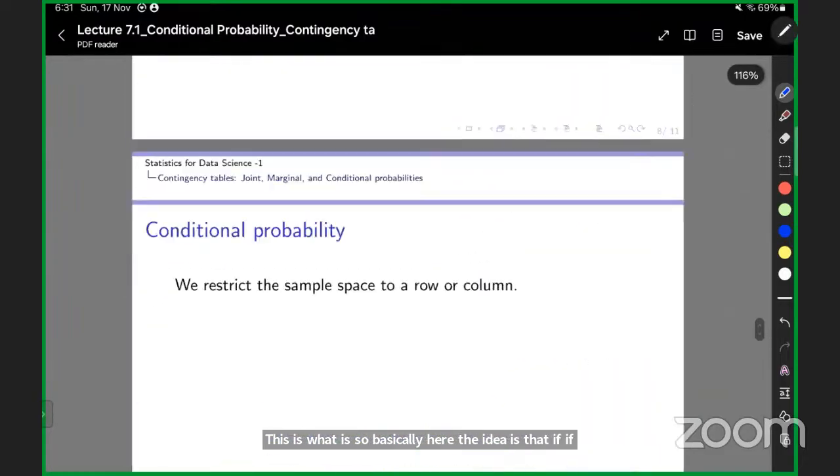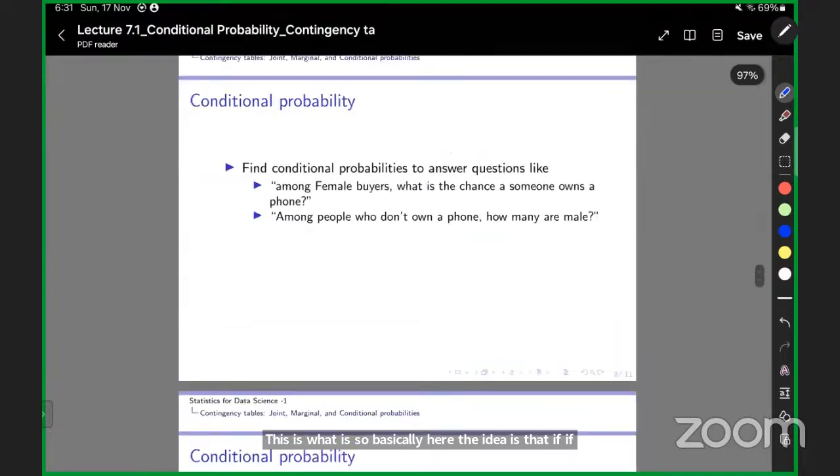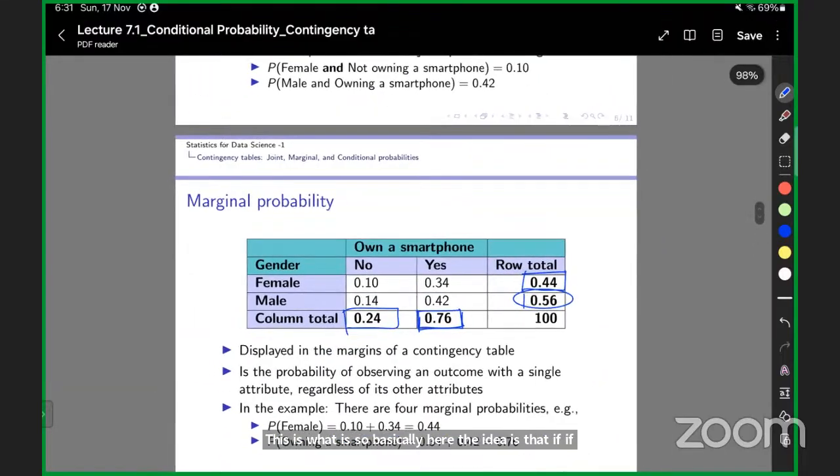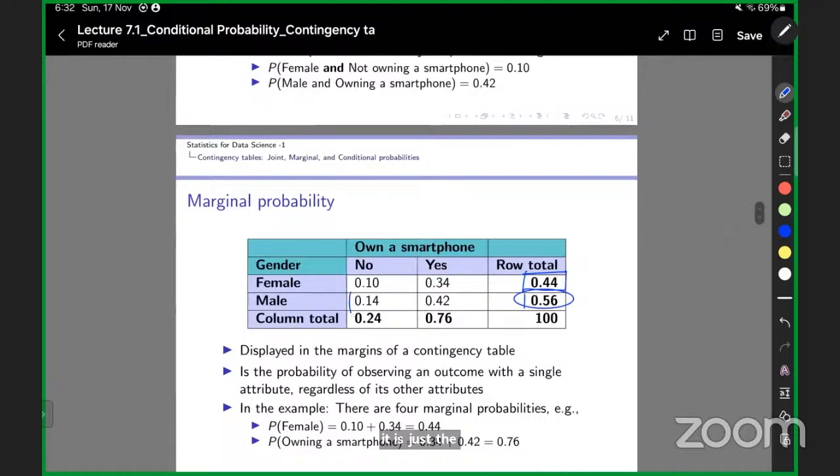Basically the idea here is just this inside thing, right? These four are joint probabilities, and these all are called marginal probabilities.